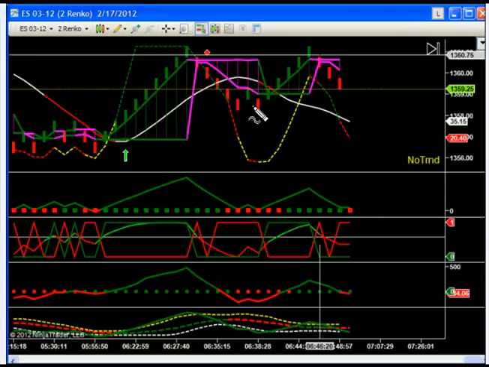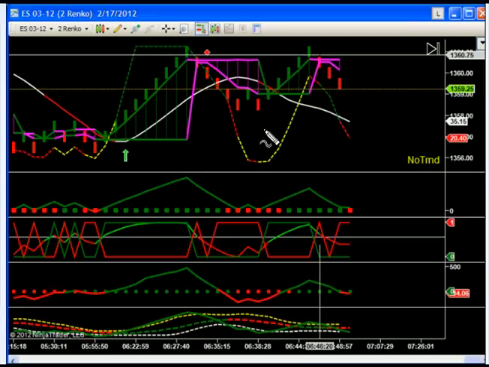And this up move here, the swing cycle was yellow and moving up here, and just never turned green on the up move. So I just wanted to mention why I just ignored these two potential trades.